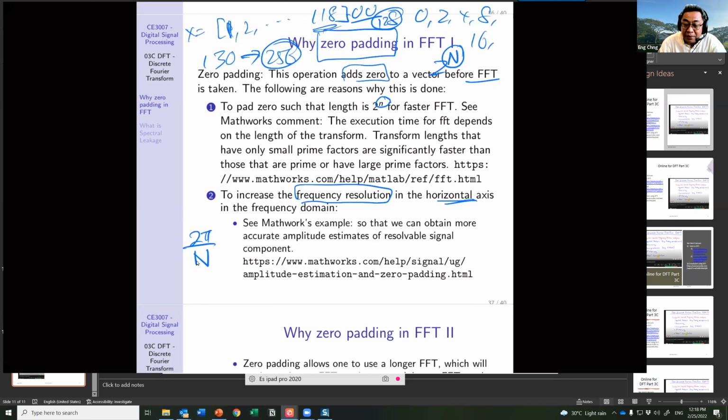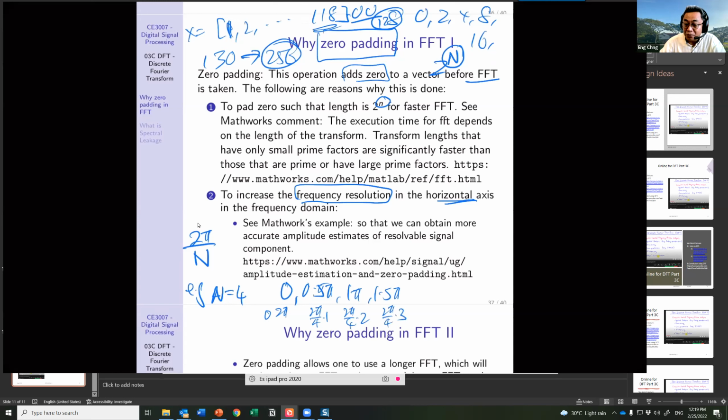So if n equals 4, we can only see 0, 0.5 pi, 1 pi, and 1.5 pi, because this is 2 pi over 4 times 0, this is 2 pi over 4 times 1, this is 2 pi over 4 times 2, this is 2 pi over 4 times 3.